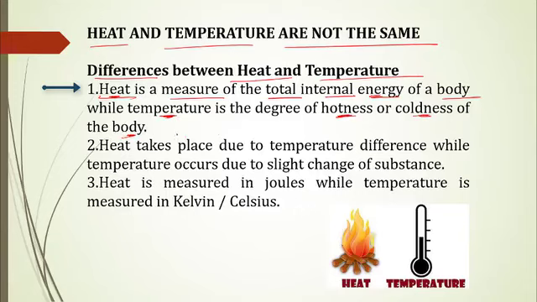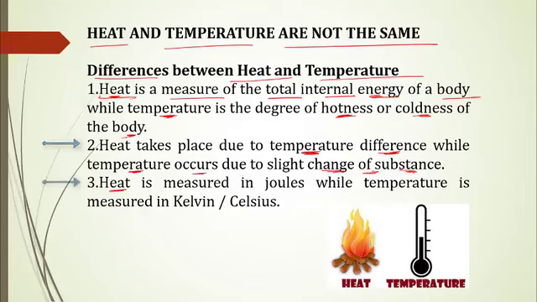Number two difference between heat and temperature is that heat takes place as a result of a difference in temperature between two substances. That is how heat takes place. On the other hand, temperature occurs as a result of slight change of substance.